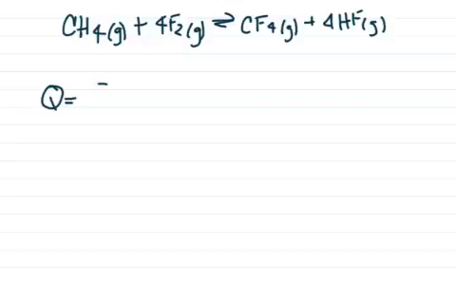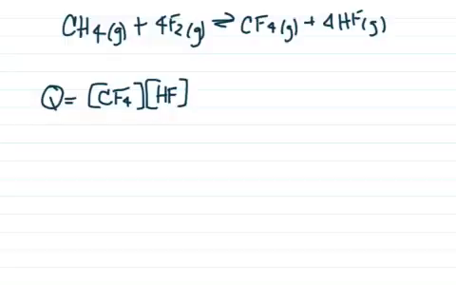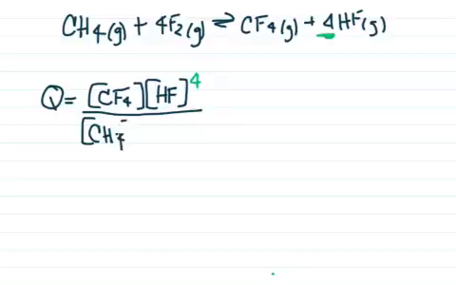So we take CF4 and hydrogen fluoride, and this coefficient right here is going to be an exponent, so I'm going to put it right up there, all over our reactants, so we have methane, CH4, and F2, and again we have a coefficient, so it goes right there.